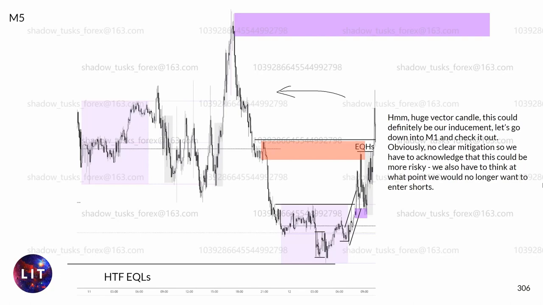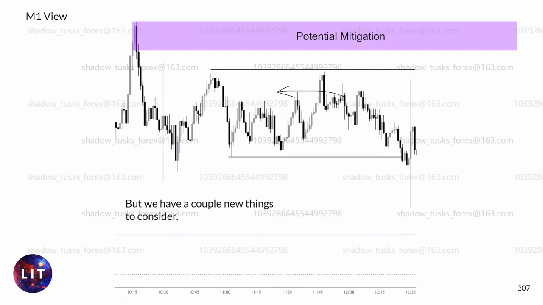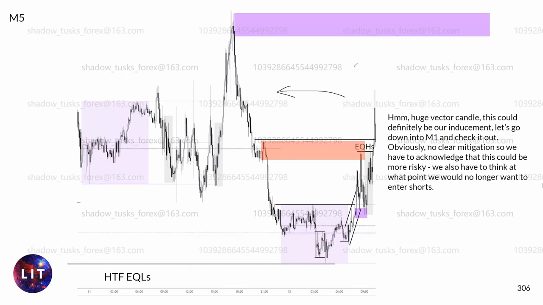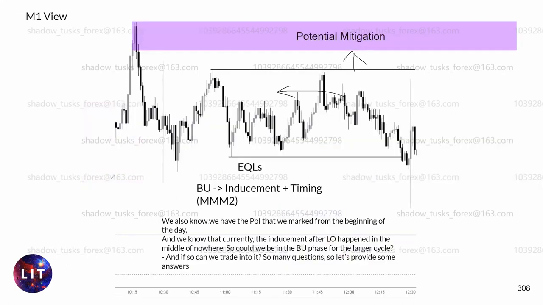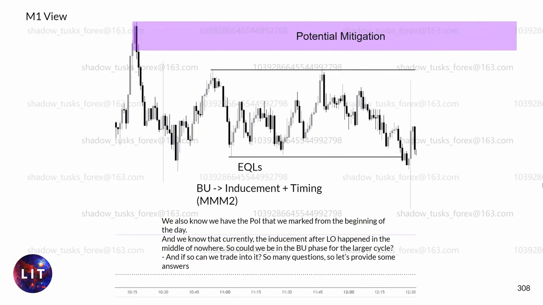And then when you also look at it overall, let's say that this right here is our mitigation, well, all of this could just be the build-up phase for that overall inducement plus mitigation high. So obviously we have a lot of questions. So let's provide some answers.